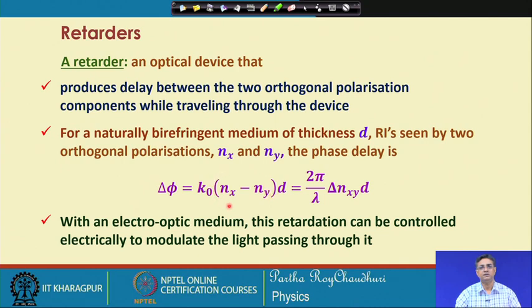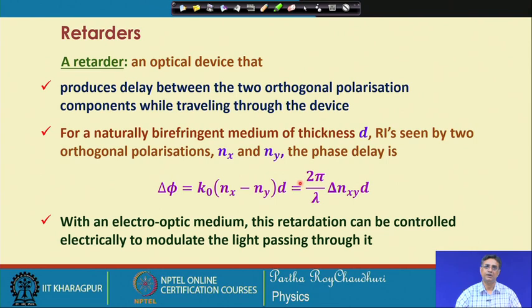This is the birefringence, n x minus n y, and this gives the phase delay between these two orthogonally polarized light. Before the electric field and after the electric field, there will be a change in the values of n x and n y. If so, then we will be able to calculate the difference n x minus n y or n y minus n x, which will be delta n x y.